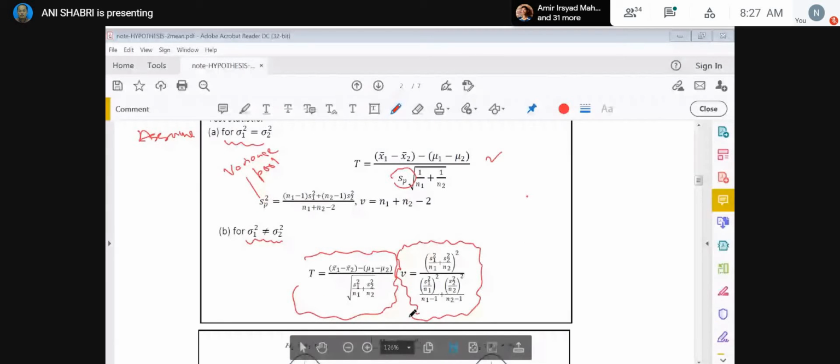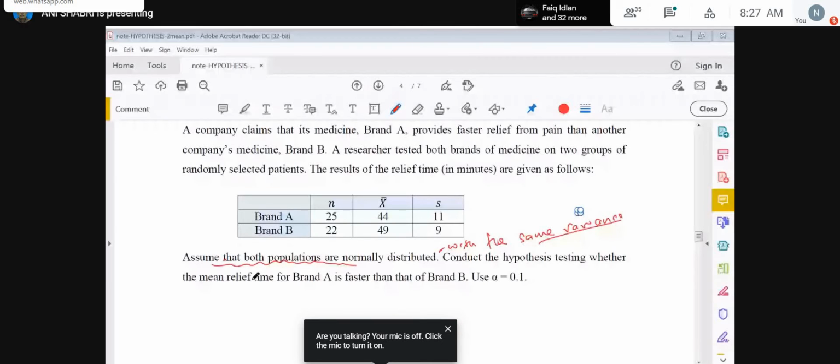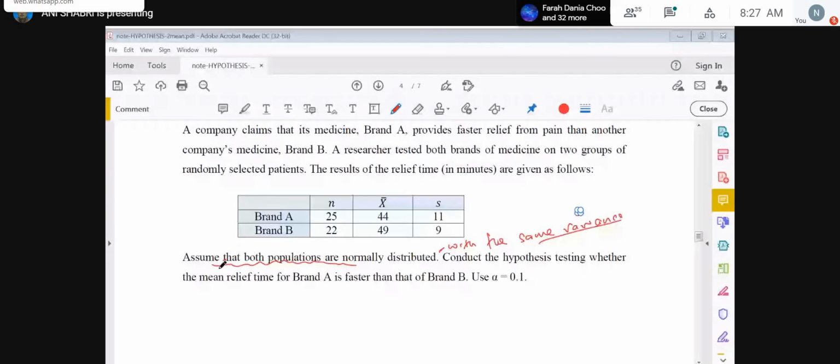Okay, what is the hypothesis? Apa dia punya hypothesis? Faster, what does faster mean? Faster than brand B. Smaller or greater? Faster in time, faster relief time, masa sembuh ni.